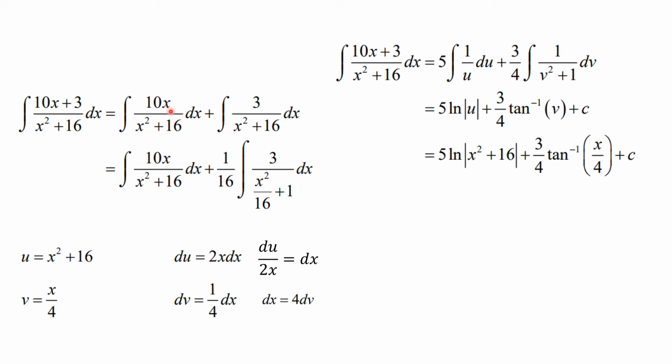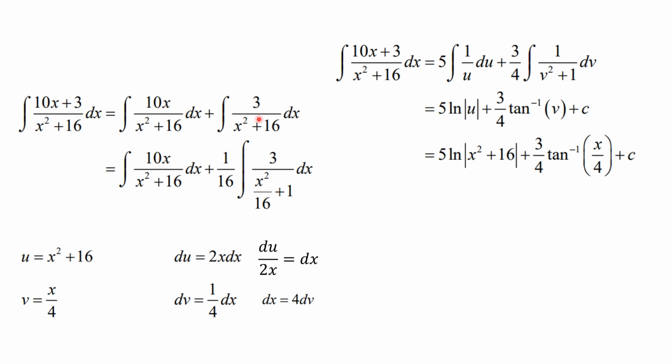On this one, I need magic to happen, and so what I'm going to do on the first one is use the substitution u equal x squared plus 16. If u equal x squared plus 16, then du is going to be 2x dx, and du over 2x is going to be equal to dx. And magic will happen because this x in the denominator will cancel with that x in the numerator.